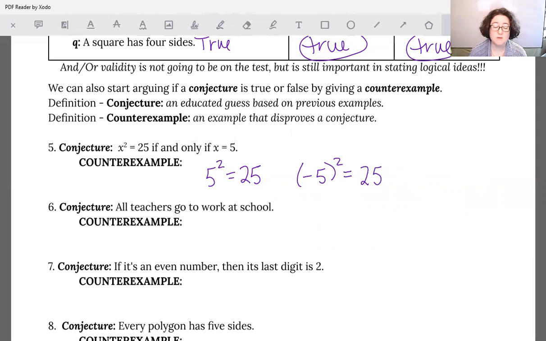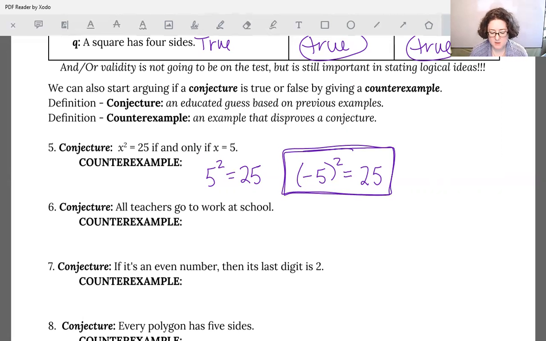Just make sure you notice I wrote parentheses around my -5. That's the same way you're going to want to write it into a calculator. I don't care if you're using a TI calculator or a Desmos calculator or the calculator on your smartphone. Always put parentheses around your number when you're squaring it. So our counterexample is actually this second statement, that because -5 squared also makes 25, the conjecture was false.